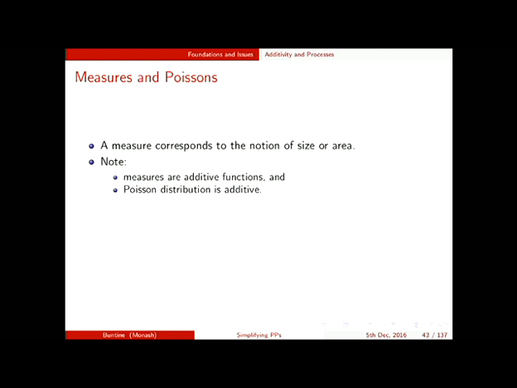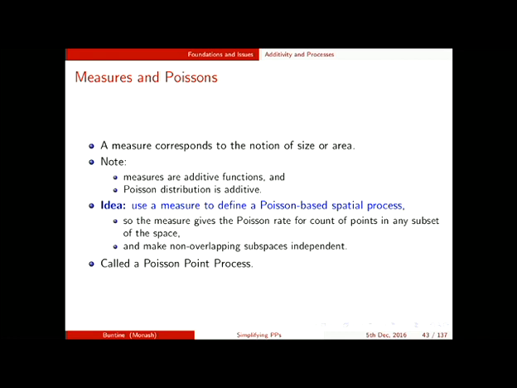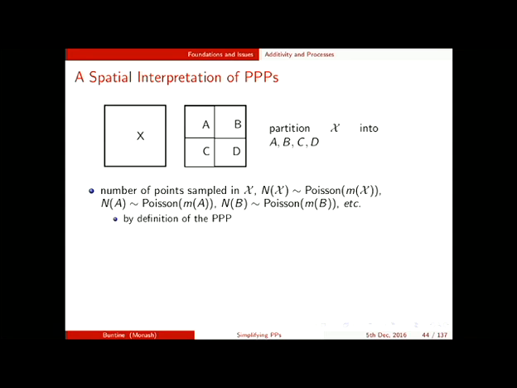So why are these two things important? Well, a Poisson distribution is additive in its arguments, and a measure is additive in its arguments. Put them together, and we've got a Poisson-based spatial process. Let's look at that in a simple case.